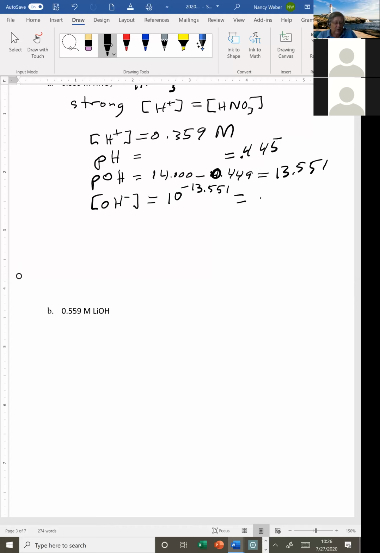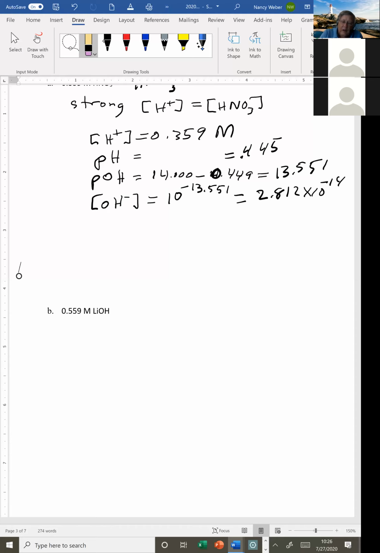So that's going to equal 2.812 times 10 to the minus 14.